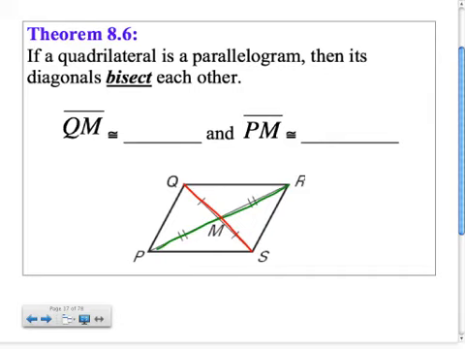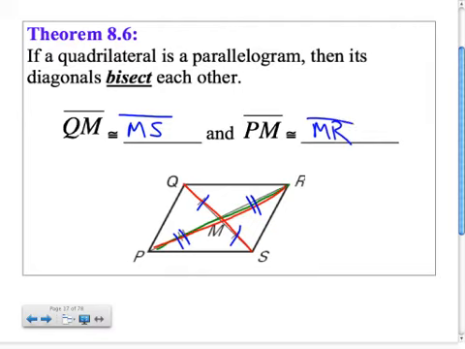So in other words, this diagonal here, this PR, cuts QS in half. And by the same argument, QS cuts PR in half. So those two pieces have to be congruent. So QM is going to be congruent to MS, right? It's cut in half. And then PM would be congruent to MR in a parallelogram.